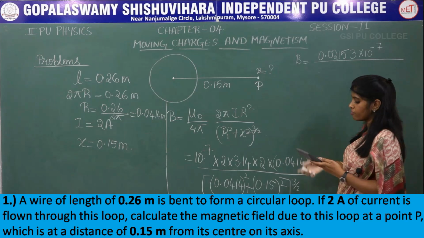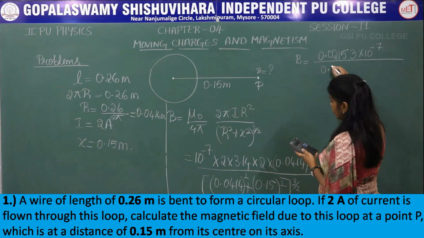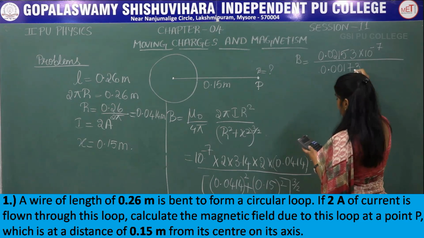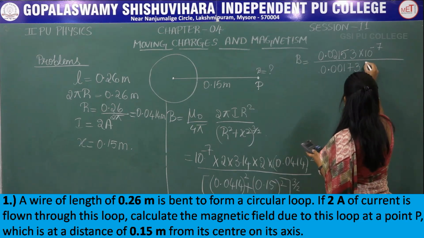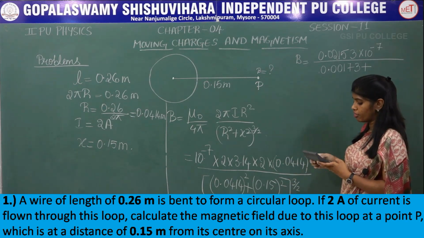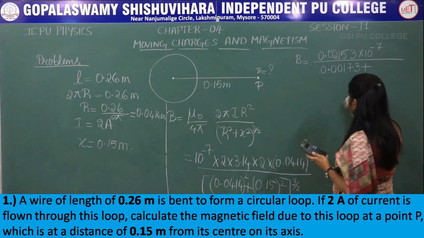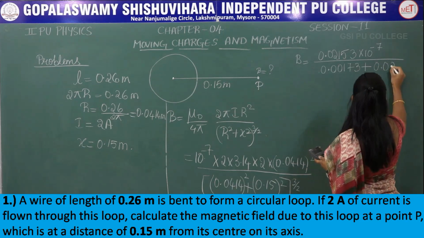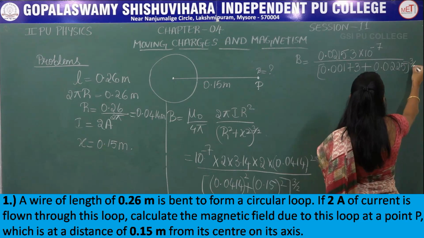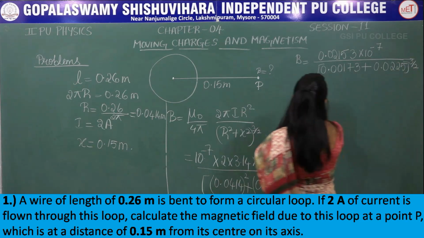So that square will be equal to 0.00173 plus square of 0.15 is equal to 0.0225, and this is whole power 3 by 2.